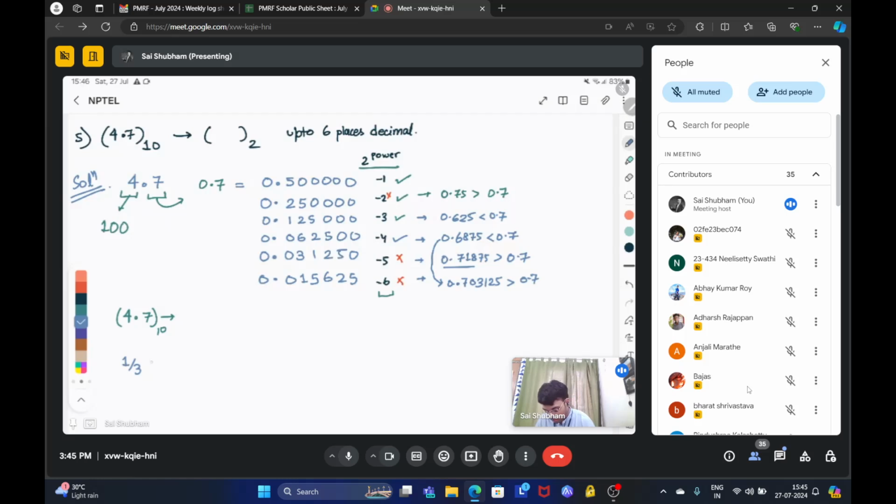The decimal representation will be 0.333, and it goes on. So it's a flaw in the decimal representation system that it cannot be represented in a finite number of digits. In the same way, it is a flaw in the binary representation system that 4.7 cannot be represented in a fixed number of digits.